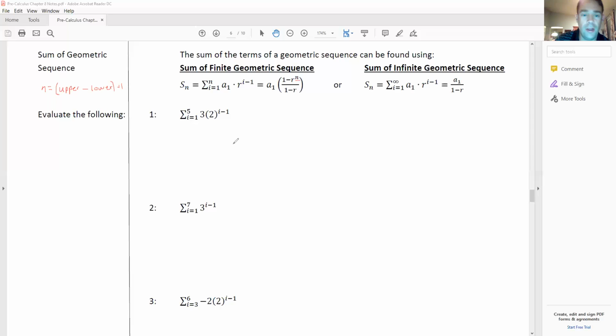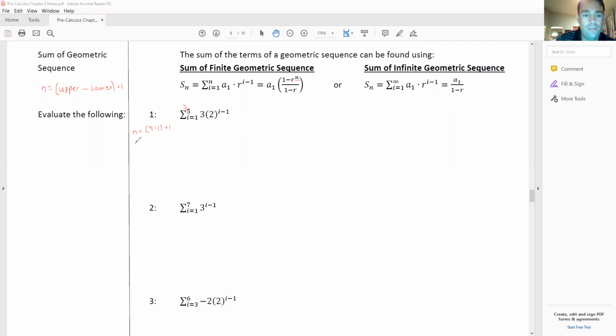All right, so let's see what we got here. We're going to be using this. So the first thing we always do is we look here and we say, if this is infinity, we're going to use the infinite sum. But if it's a number, then we're going to be using our finite. Well, this is 5, so it is finite. So that means I need to figure out what n is. So n is 5 minus 1 plus 1.